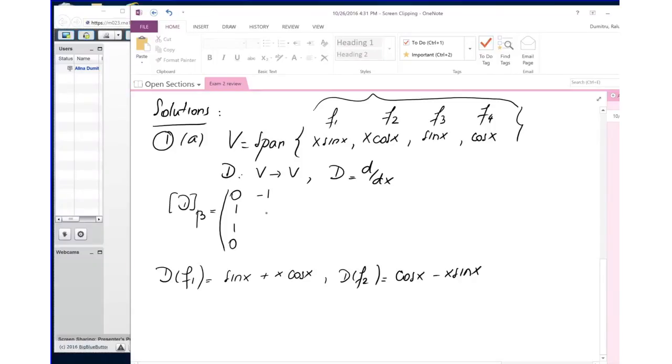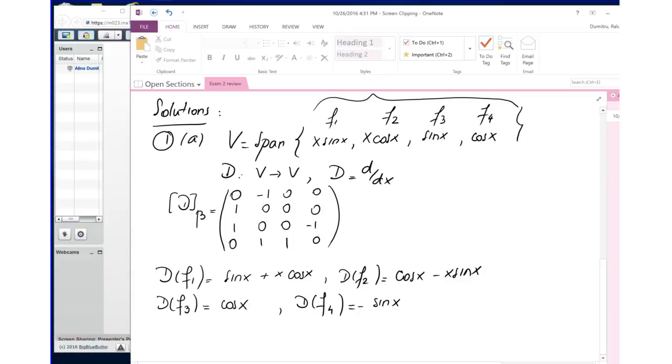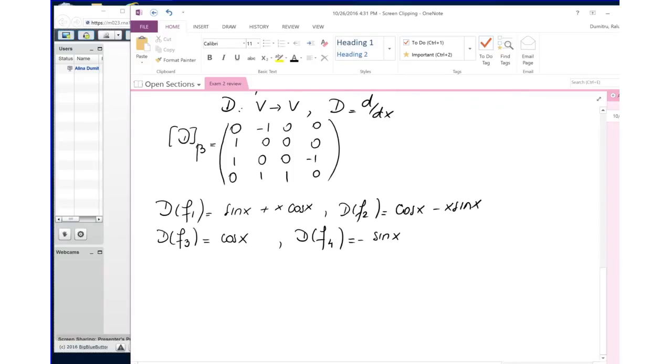So negative 1, 0, 0, 1. Derivative of f3 is cosine x, so 0, 0, 0, 1. And derivative of f4 is negative sine x: 0, 0, negative 1, 0. Okay, so we're done with part A.